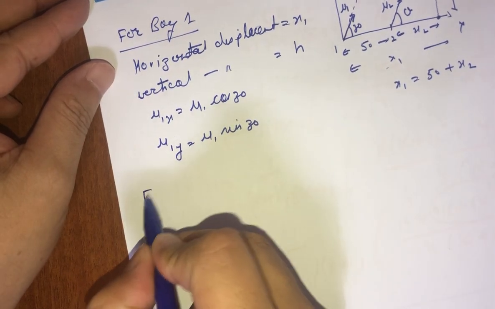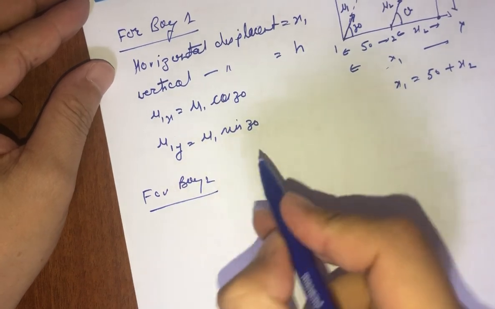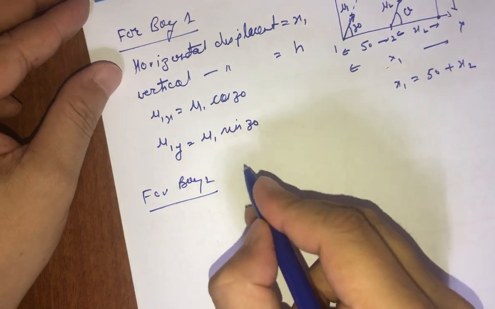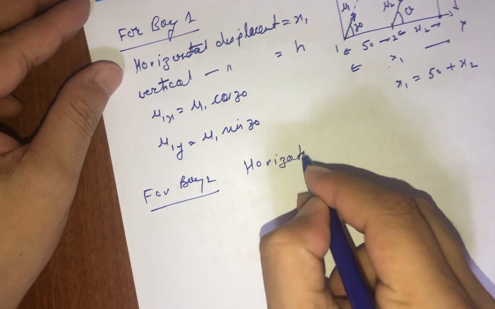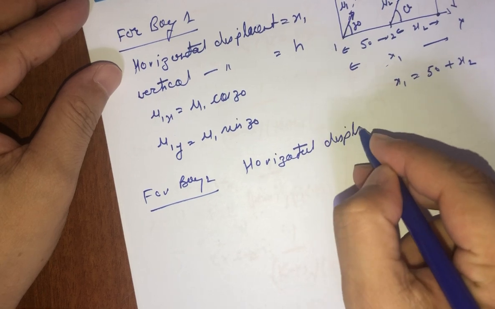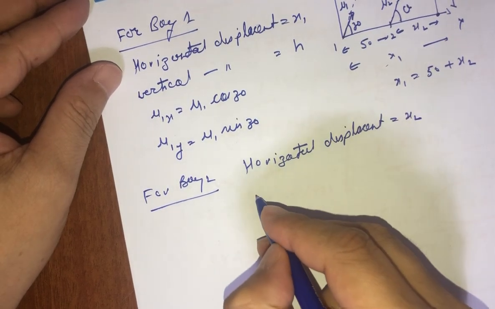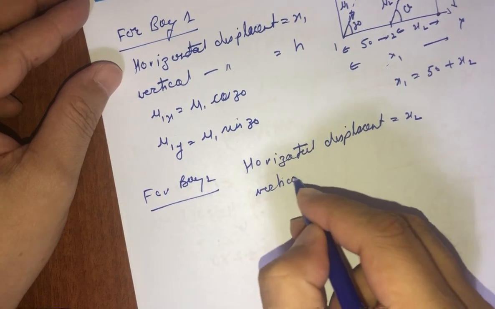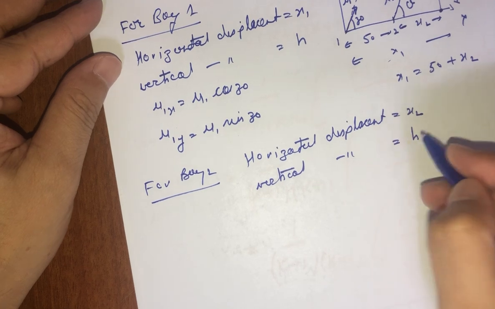For boy 2, we can write similarly horizontal displacement is x2, vertical displacement is h.